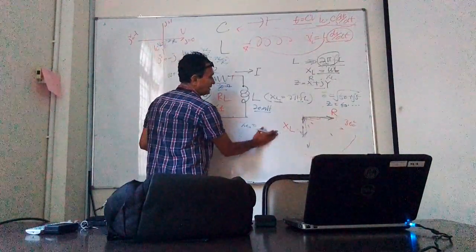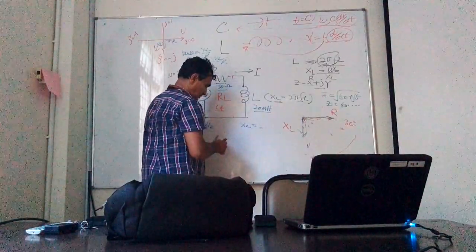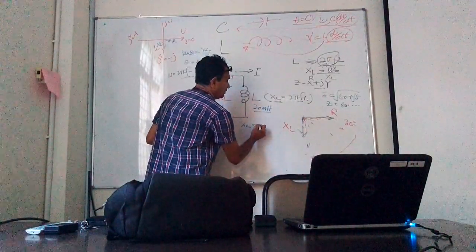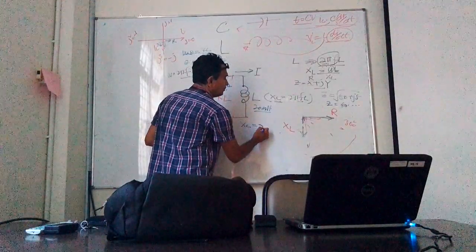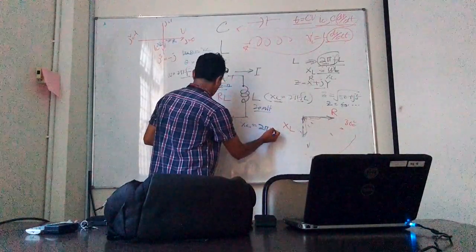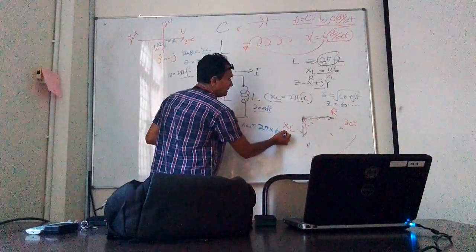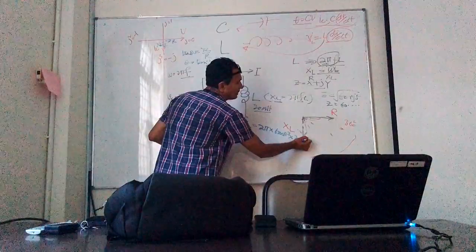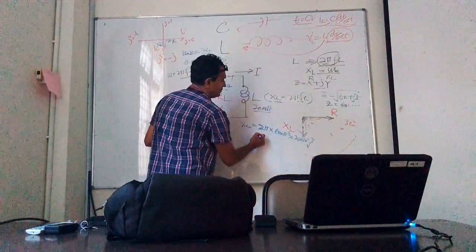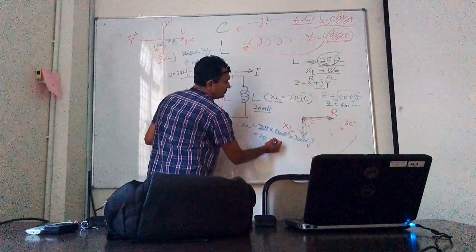So it should be like this. Think that 2 pi F is actually 60 times 10 to the power 3 into 20 times 10 to the power minus 3. So it should be 2 pi into 1200.